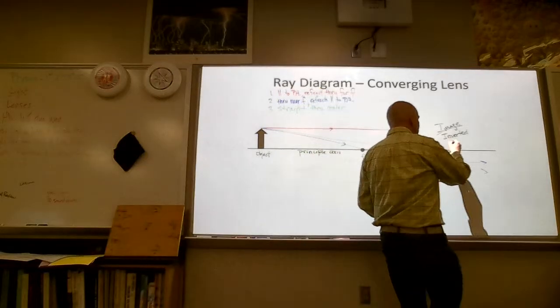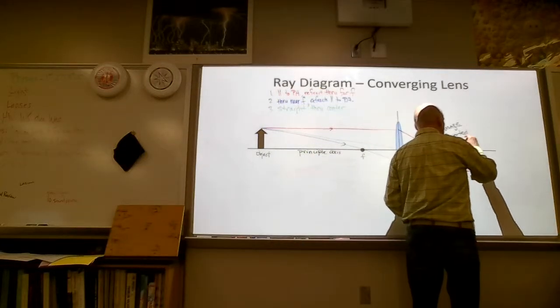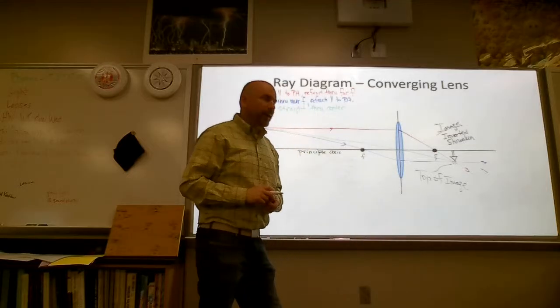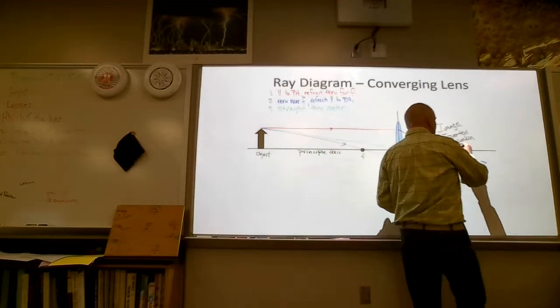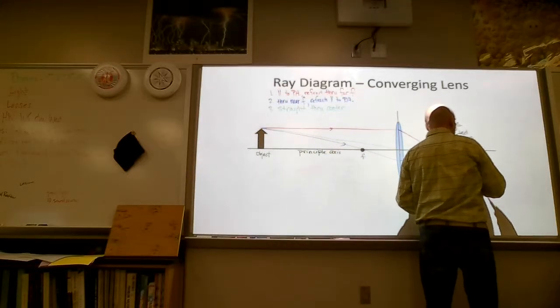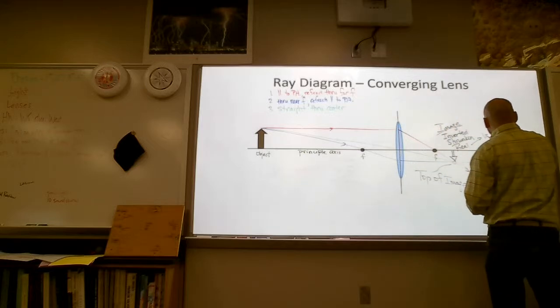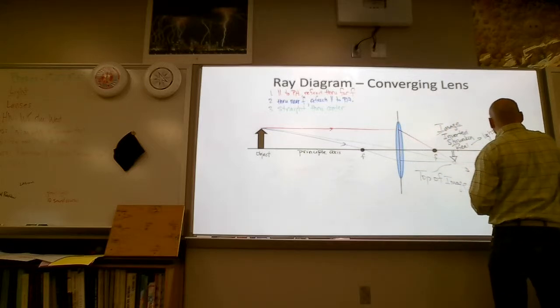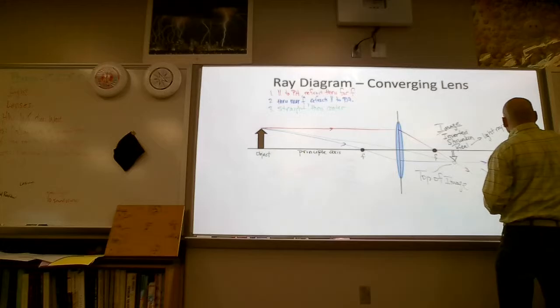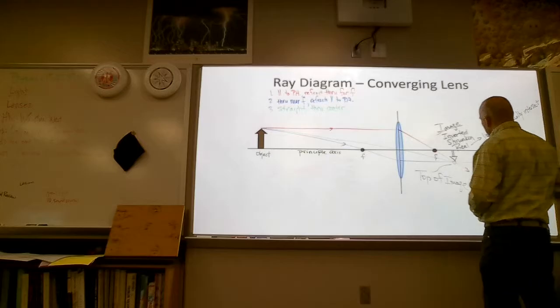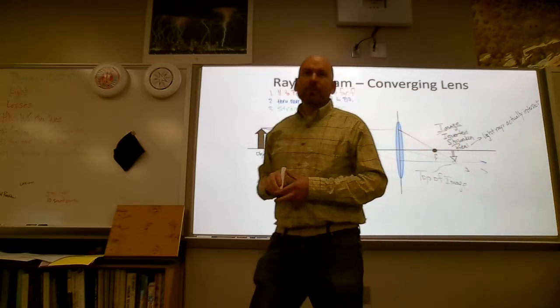So we're going to say it is shrunken. And the third characteristic, which you have never heard of, is real. This is where the light rays actually intersect. You have a real image.